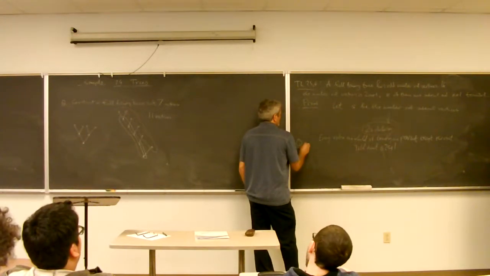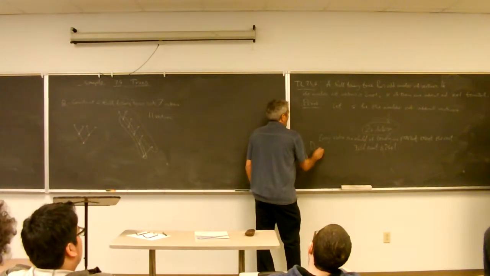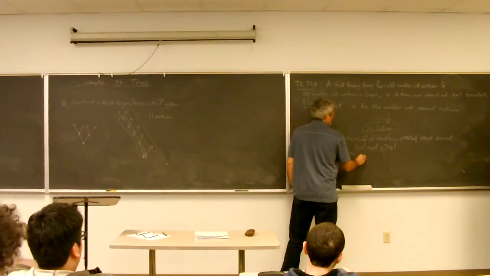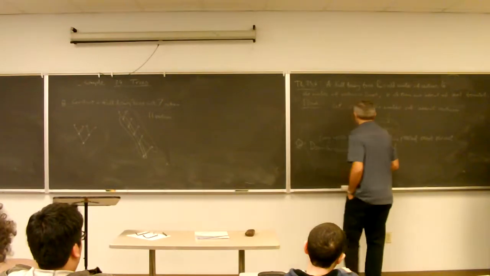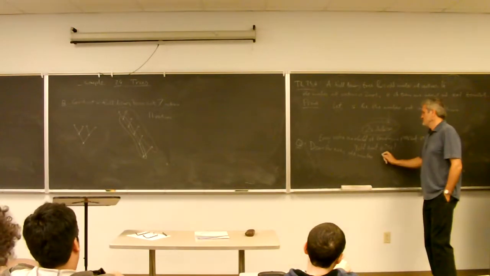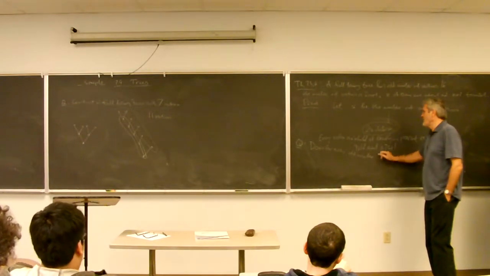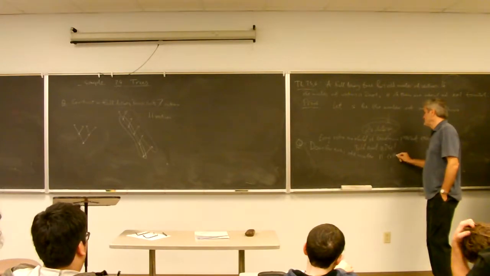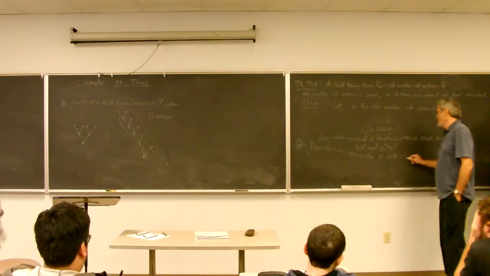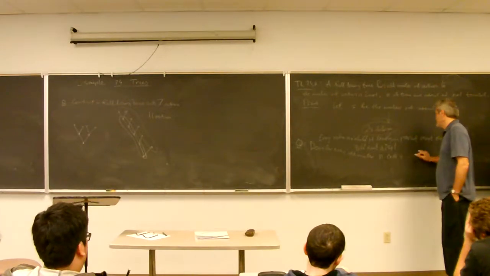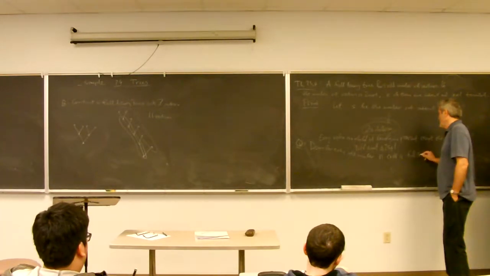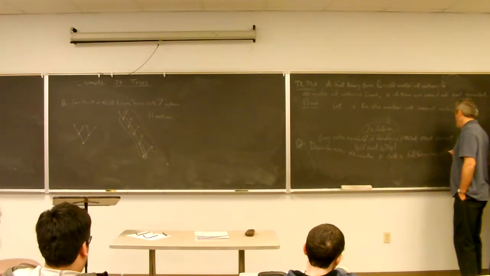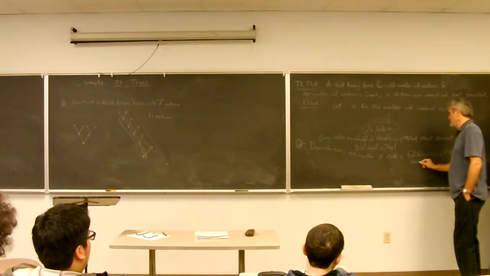So question: for every odd number n, does there exist a full binary tree with n vertices?